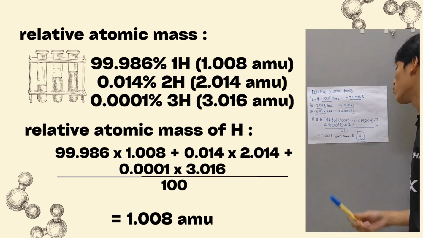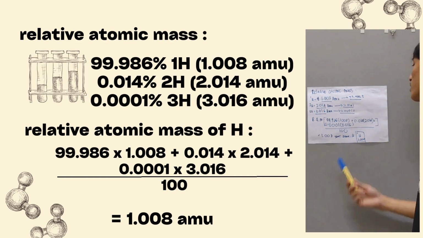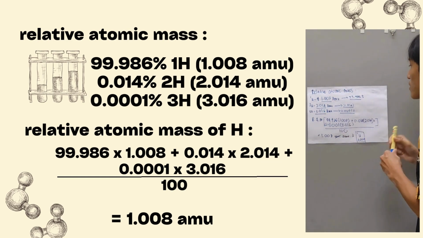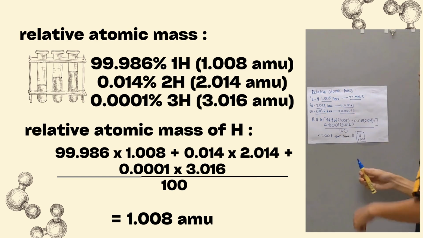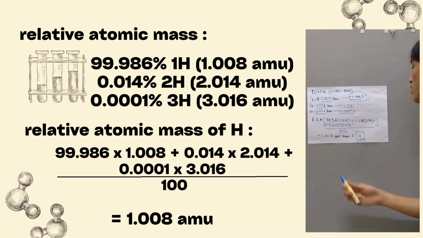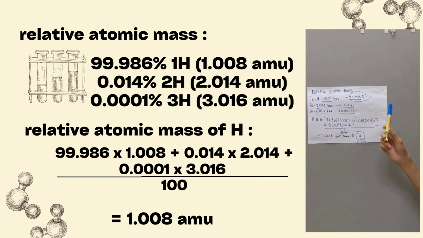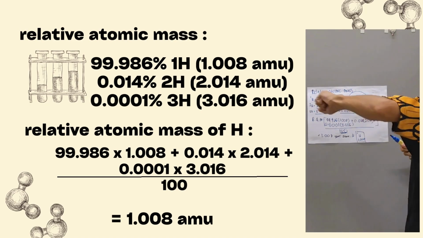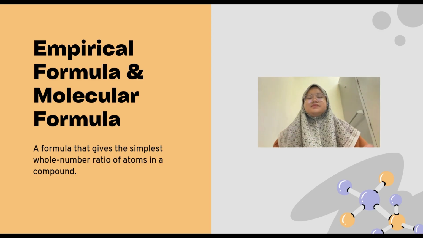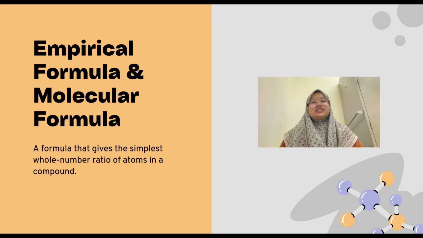After that, we need to divide by 100 because these are in percent. After we calculate it, we get 1.008. That's why, if you look at the periodic table, the atomic mass of hydrogen is 1.008. So that's all.